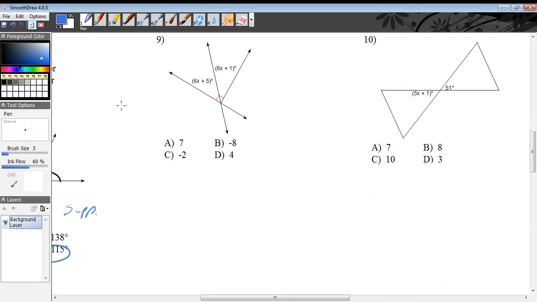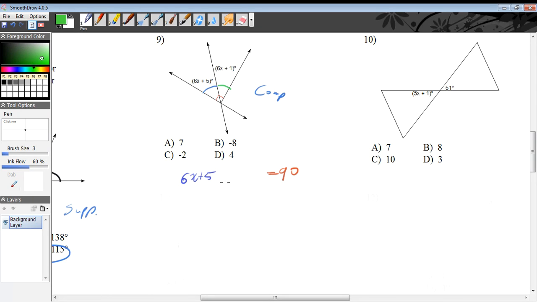Now, it's the same concept. I know that these are complementary angles. So this angle plus this angle here is going to be equal to 90 degrees. So I'm going to set it equal to 90. The blue angle is 6x plus 5.